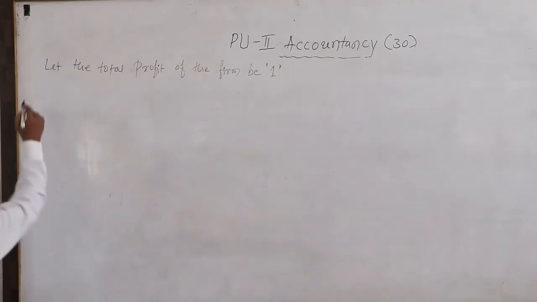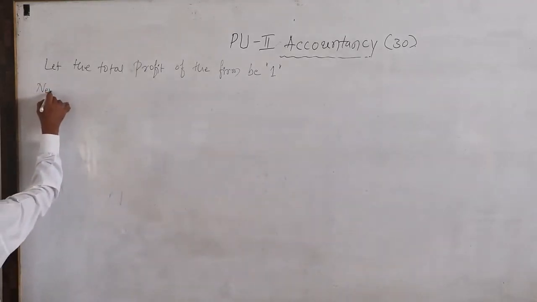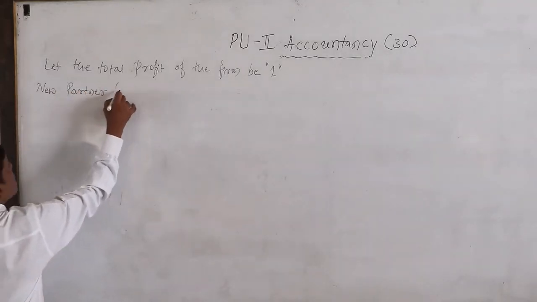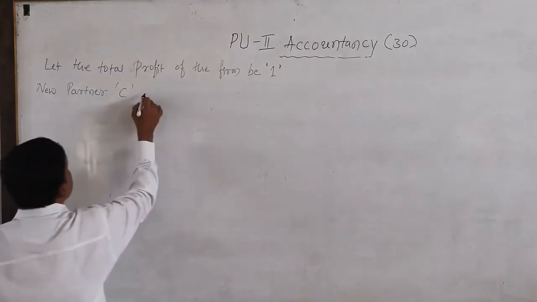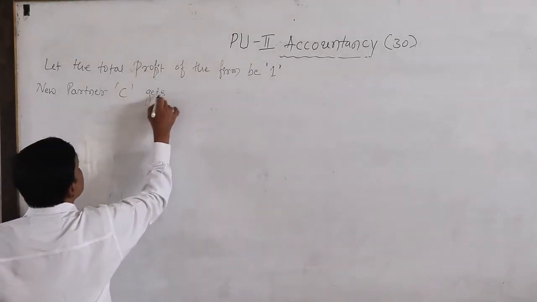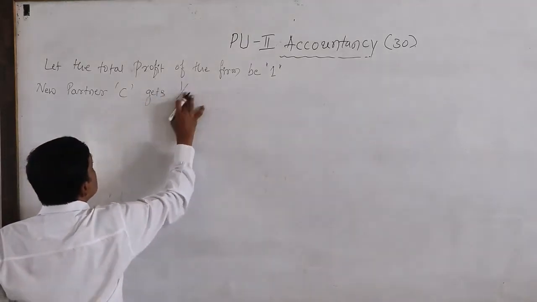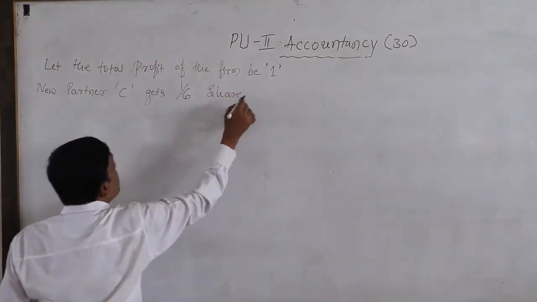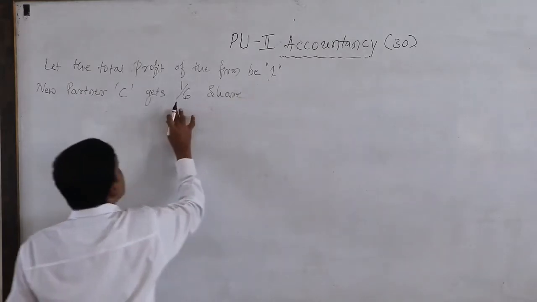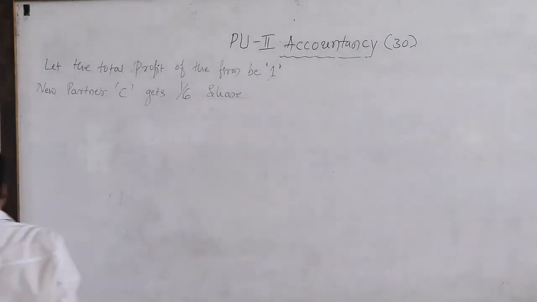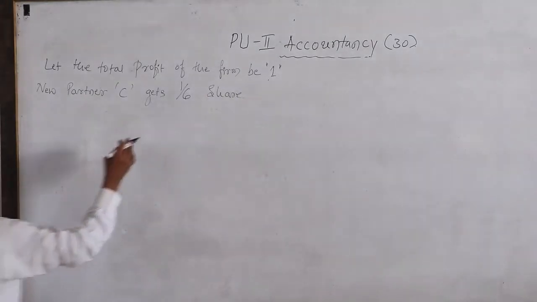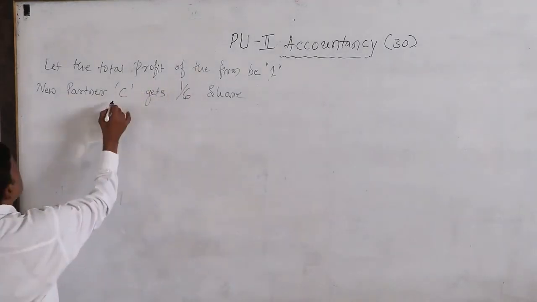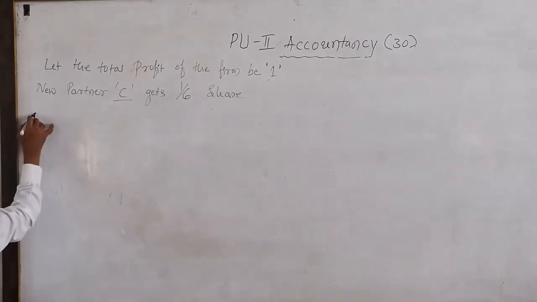Next step, the new partner, his name is C in this problem. How much does he get? Sorry, 1/6 share. Out of total profit, he gets 1/6 share for his future profits. So after giving this much profit to the new partner, what will be the remaining profit?